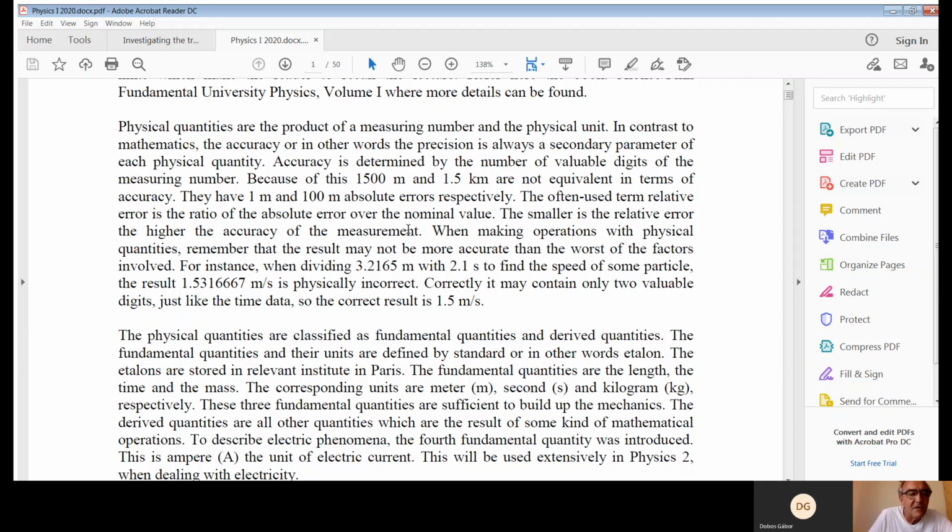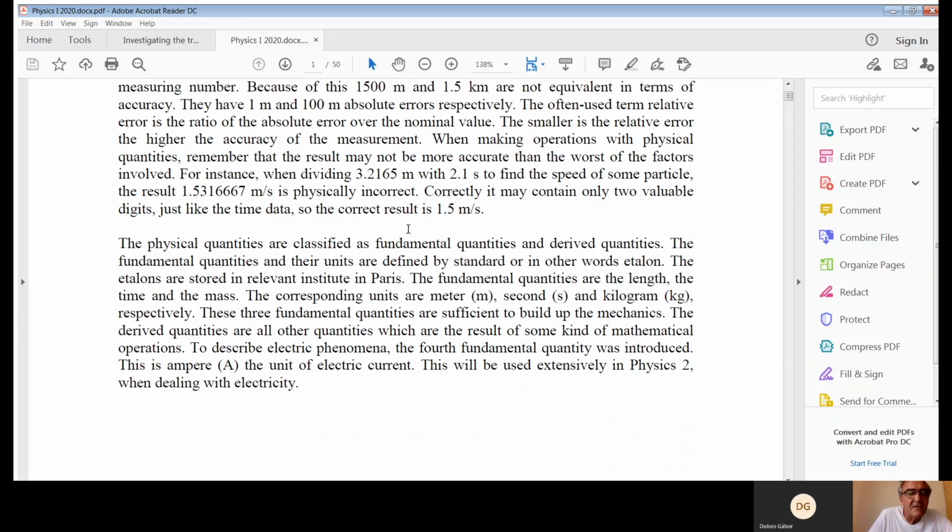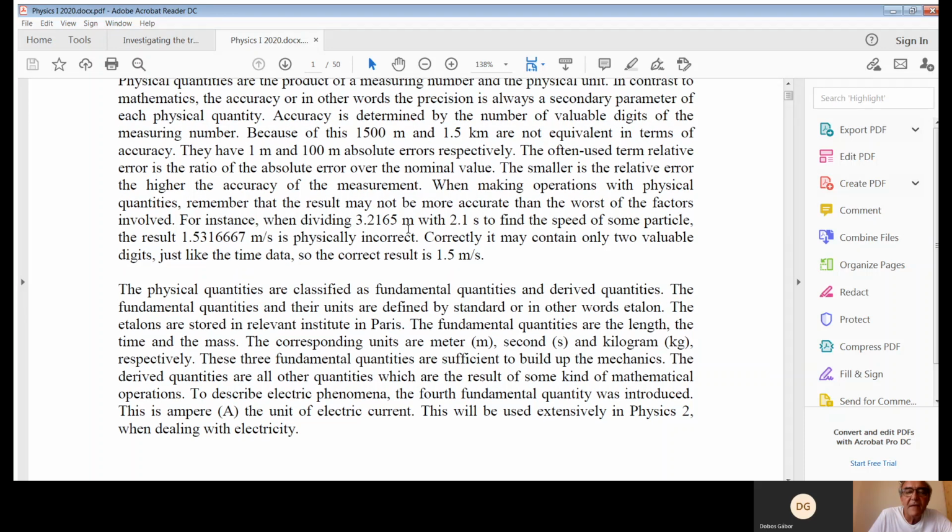So in the last word, in physics the accuracy is important, and we have to be sure that if we divide a number with another one, we don't write down all the 6 or 7 or more digits from the calculator. If we divide 3 by 7, we get a very long number, but we don't need to write it down. We must not write it down, because the result may not be more accurate than the numbers we started from.